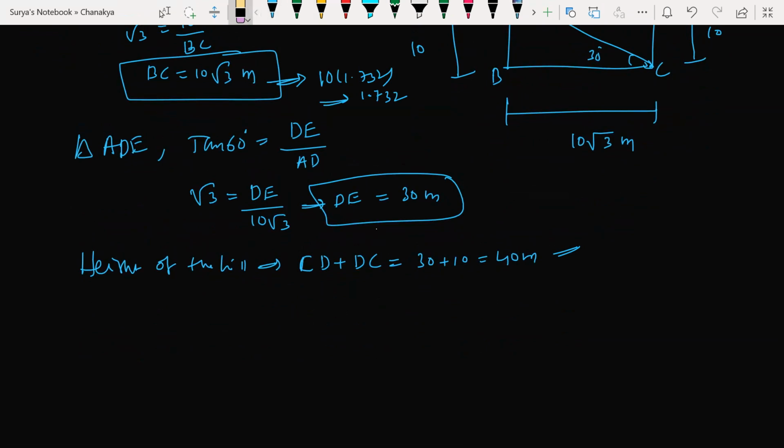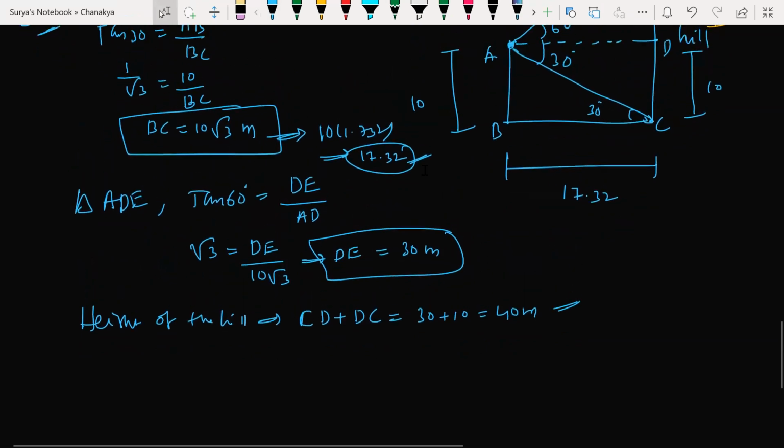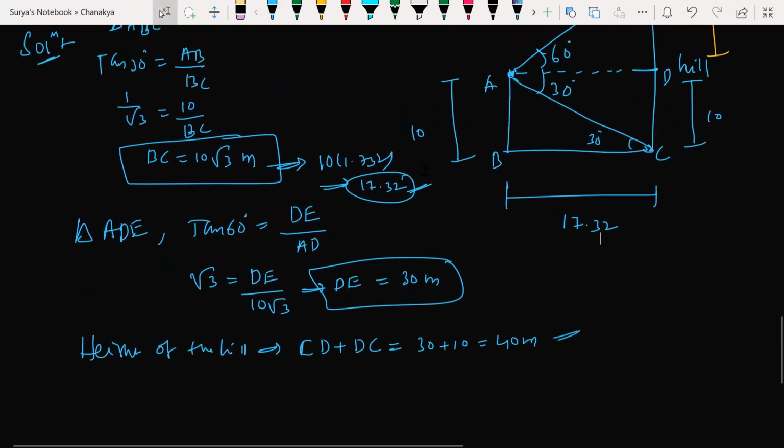That is the value of DC. So this one is 17.32. Distance of the hill from the ship is 17.3. Correct? Yes, sir. That is the right answer.